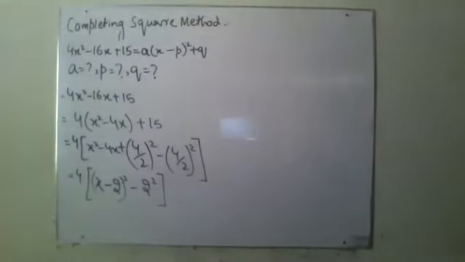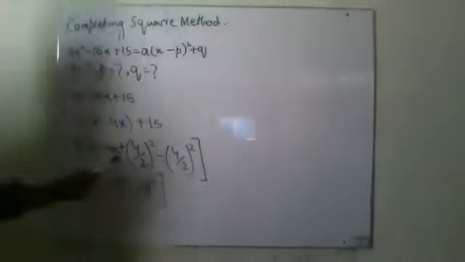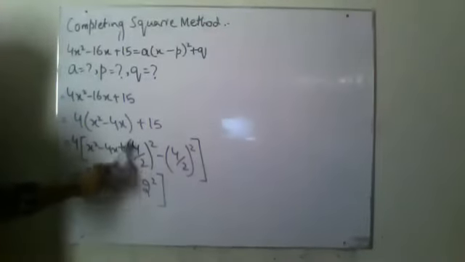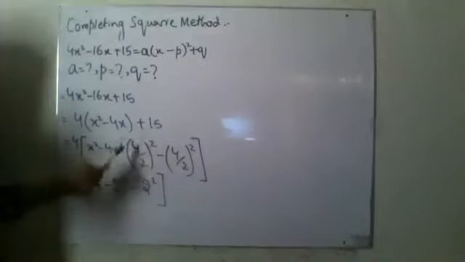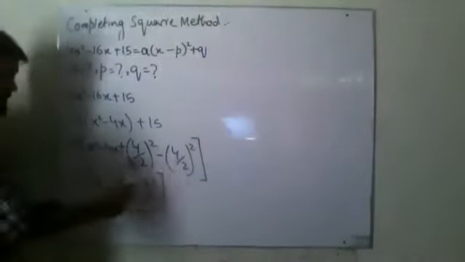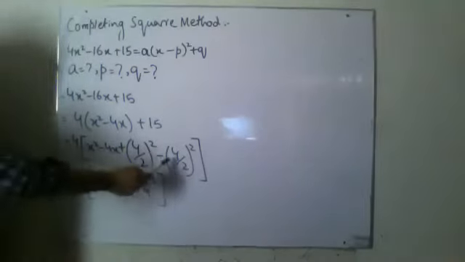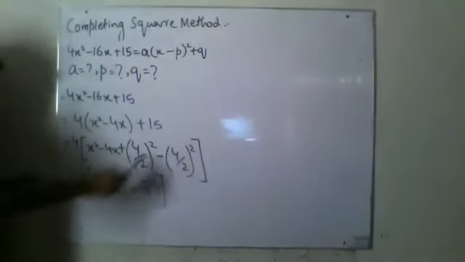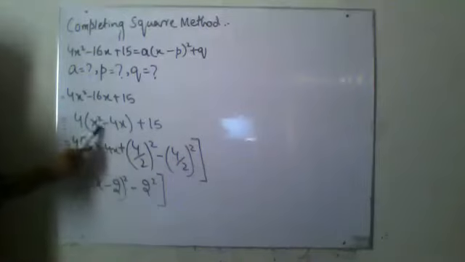I have taken that 4 which is written with x, divided by 2 whole square, added and subtracted in this bracket. Added and subtracted because then my equation will be balanced. If I cancel these two again, I could have this thing back.